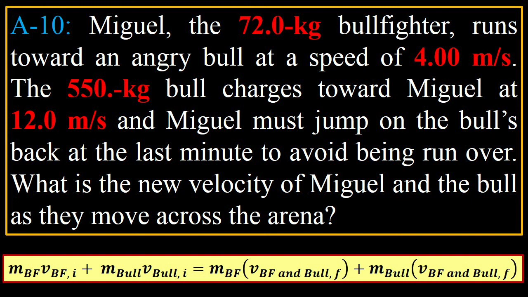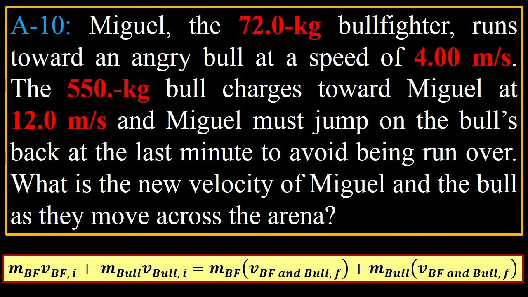The sum of the initial momenta equals the sum of the final momenta. I'm not factoring anything, it just looks like I'm factoring out. I just put parentheses around the velocities.